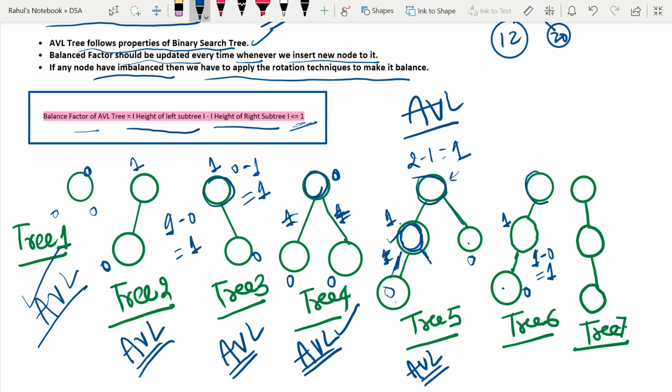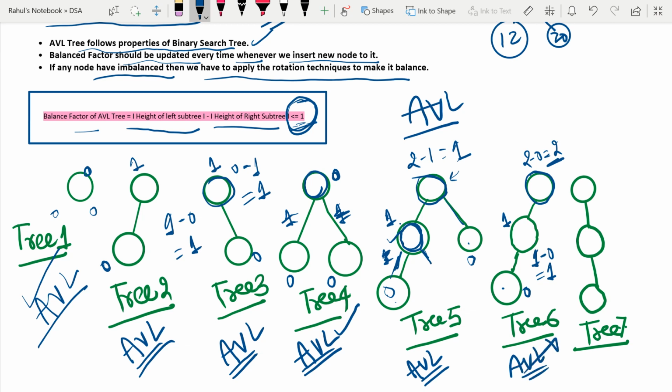Now for this node, the height of left subtree is 2, with two nodes on the left side, and on the right side nothing is there, so the balance factor of this node is 2 minus 0, that is 2. Now 2 is greater than 1, so it is not following the property of AVL, so it is not an AVL tree.